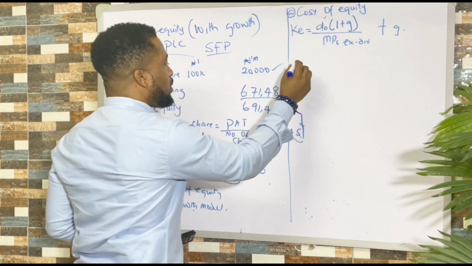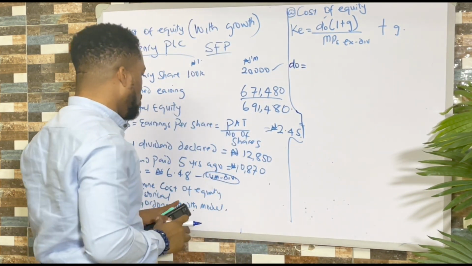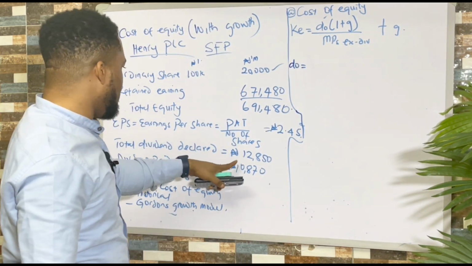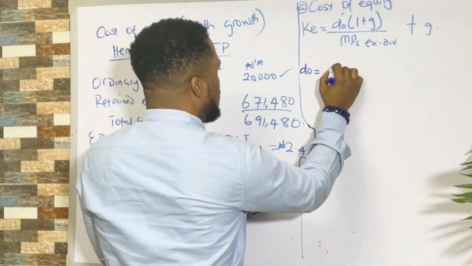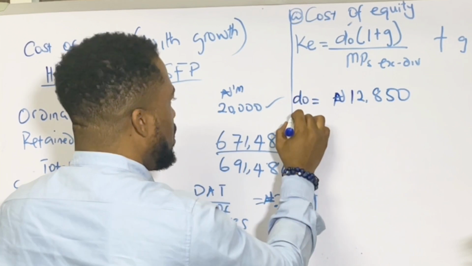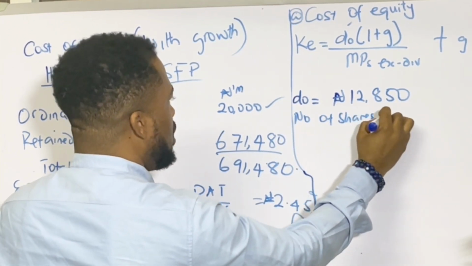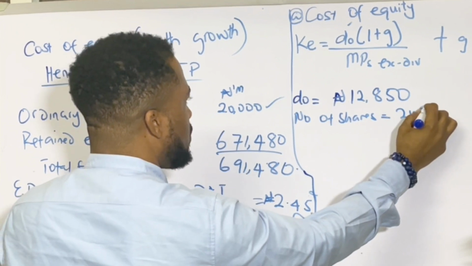Now look at our D0. How do we get our dividend? Look at the total dividend that has been declared, 12,850, and then our number of shares equals 20,000.